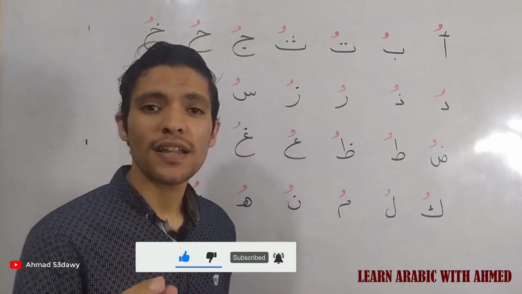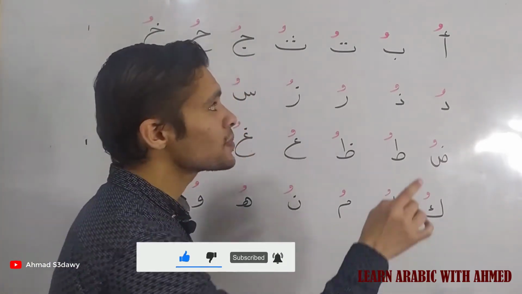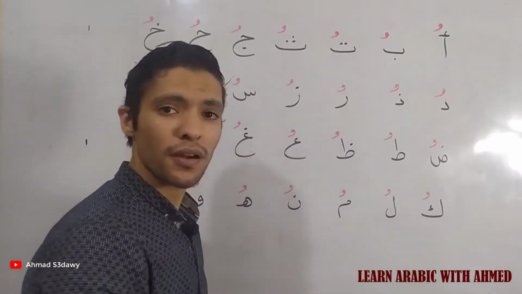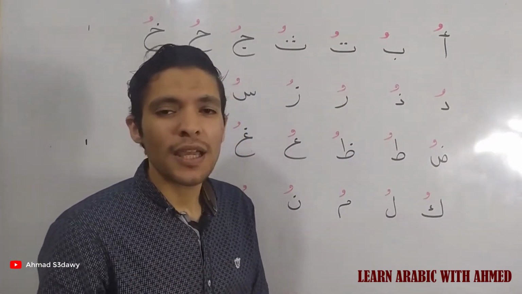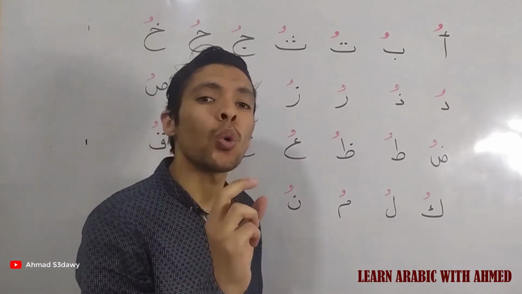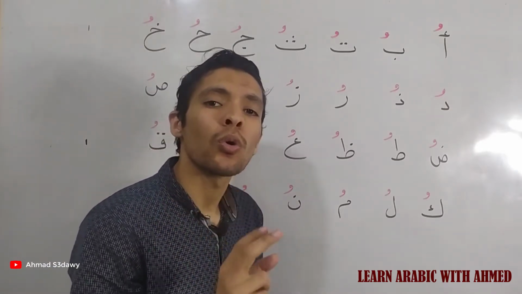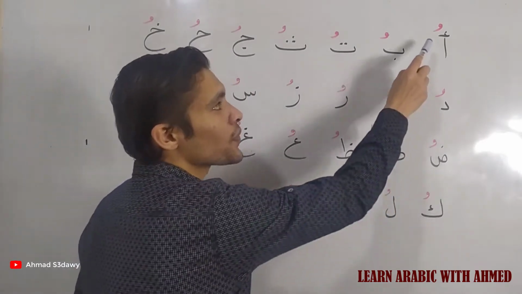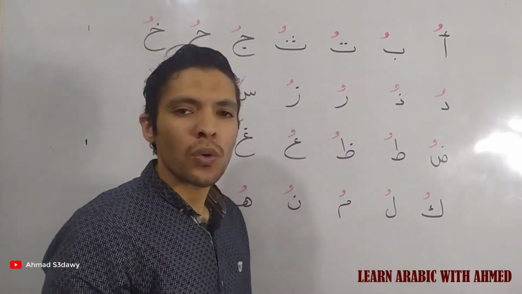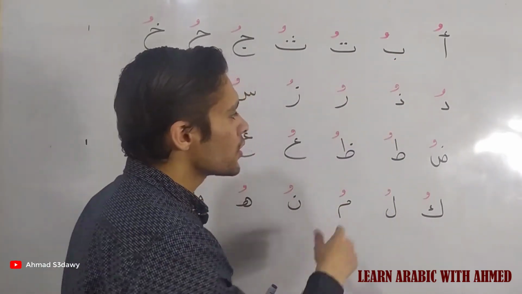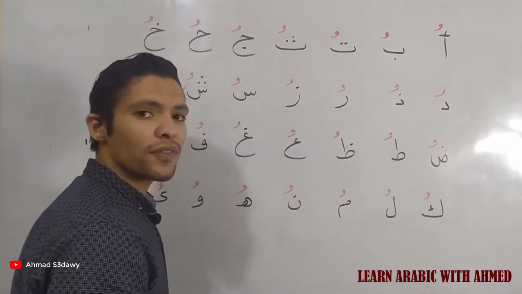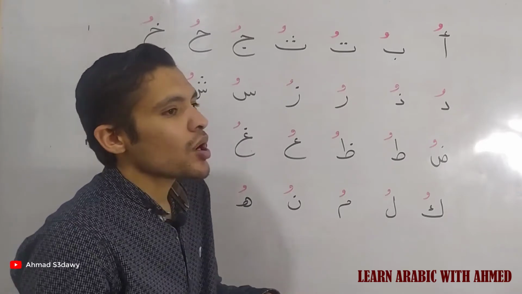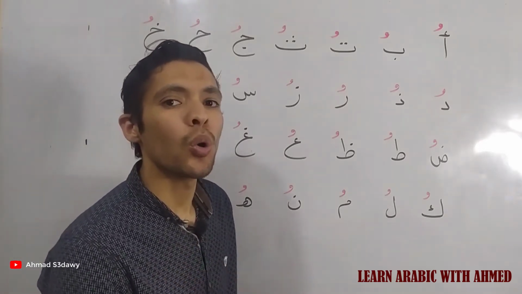The Damma is a vowel or a sign that is put above the letter, just like the Fatha. But it doesn't make the sound of A, it makes the sound of O. Okay? It is kind of like a small wow, written above the letter to make the sound of oo.